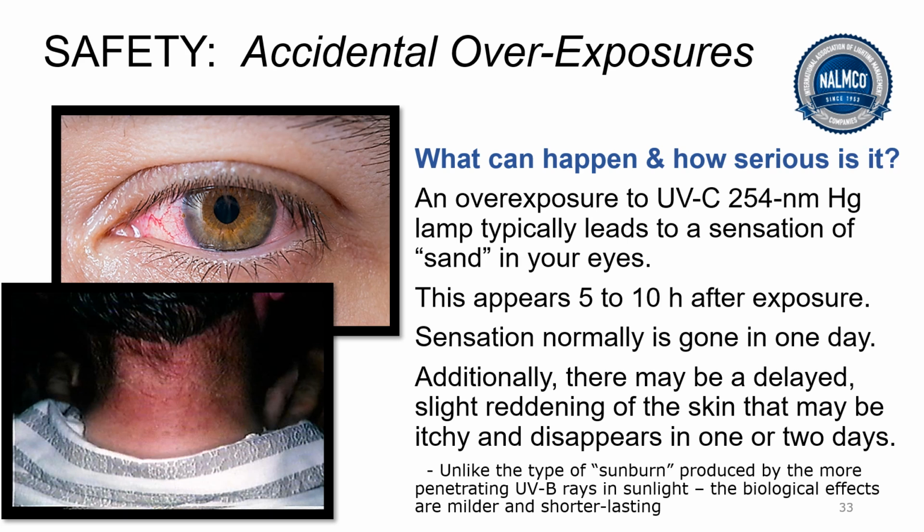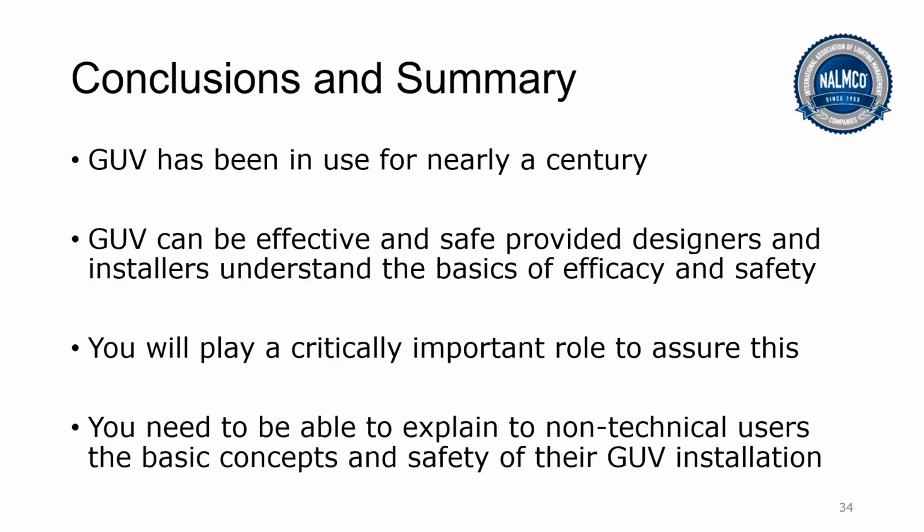And you see in this photograph in the upper left, an individual has what appears to be bloodshot eyes. The good news is that these almost always disappear after 10 days or certainly a couple of weeks.